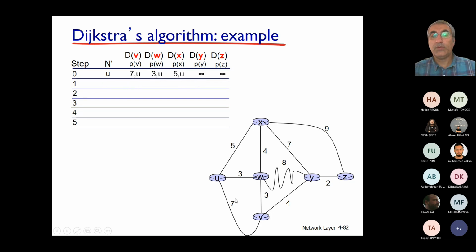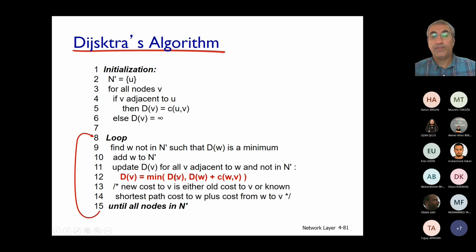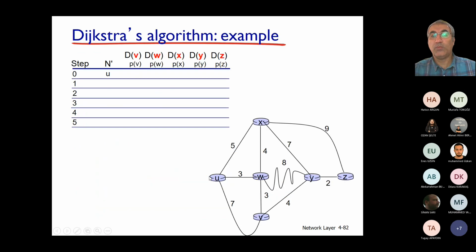So according to this metric, the current value is 7 and the new one is 6. So that's why we select the minimum one, which is going to be 6. And in order to reach V through the W, the predecessor node is W.